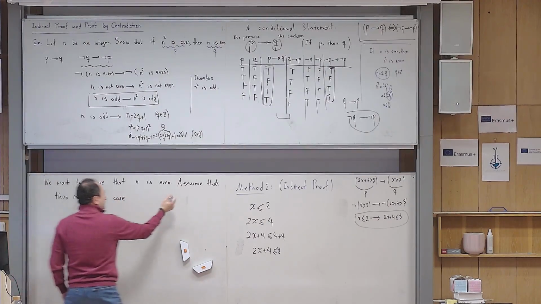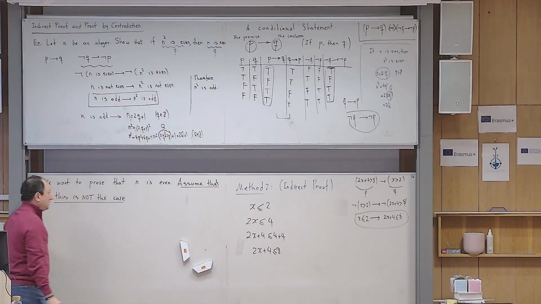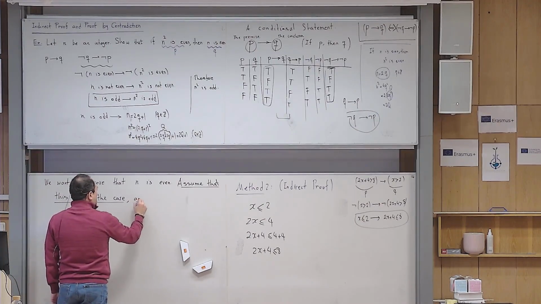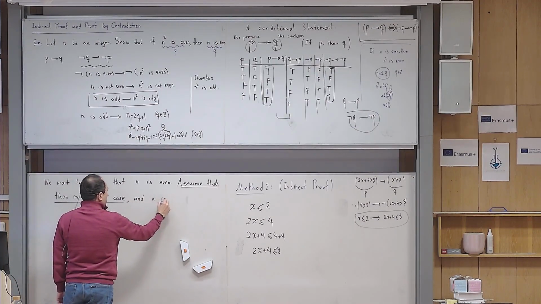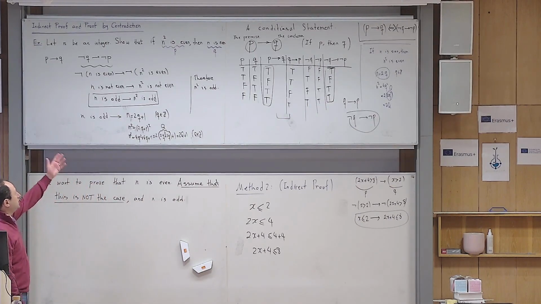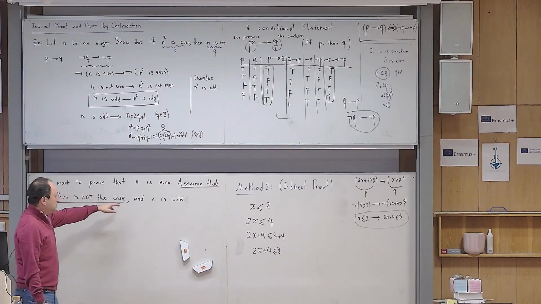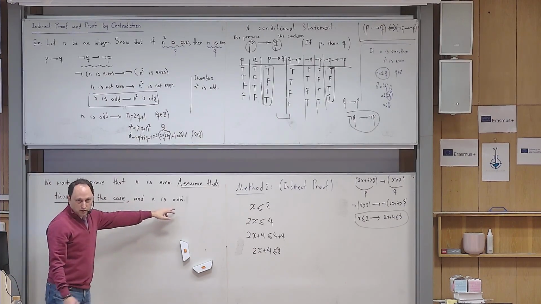Yes, you see, this is a very common phrase in math texts. Assume that this is not the case. If this is not the case, n is odd. Okay? Instead of writing so many things, this is the way mathematicians write the text. We want to prove that n is even. Assume that this is not the case. What does it mean? It means n is odd.